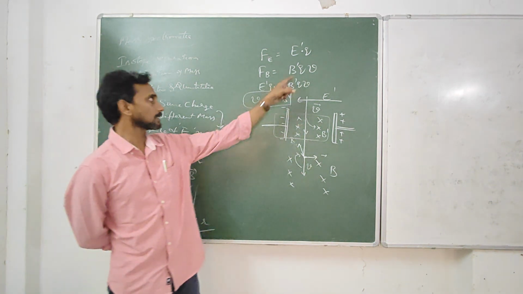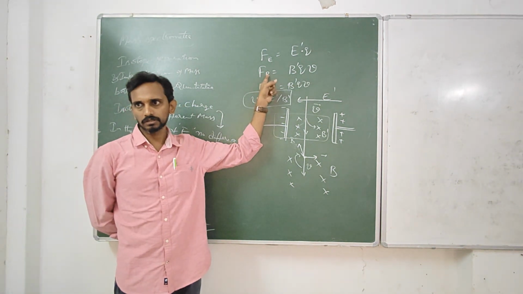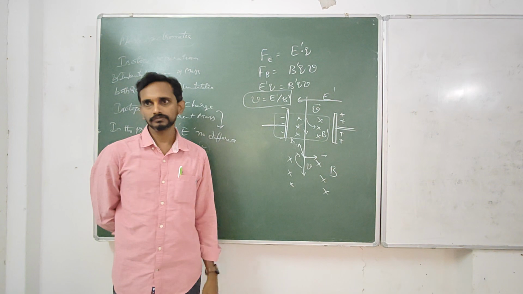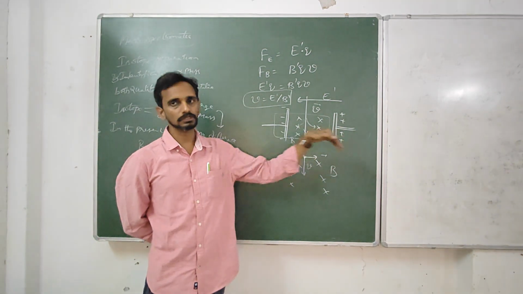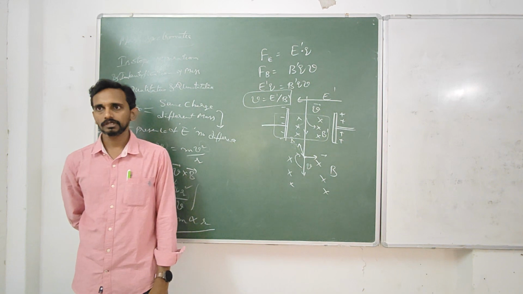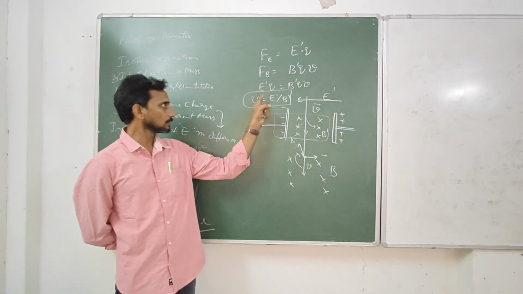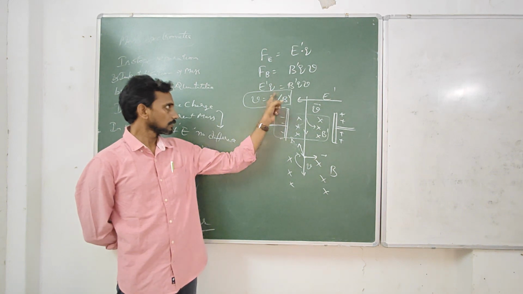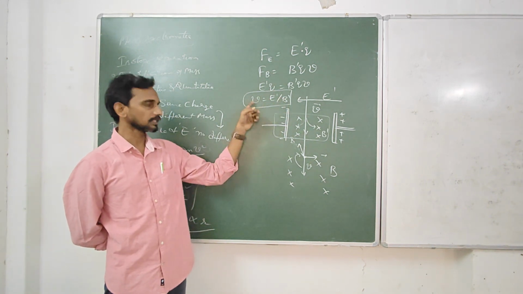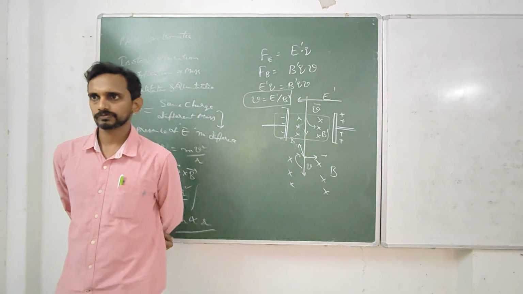If velocity is higher, the particle will experience more magnetic force, so it will move towards the right. So for that particular velocity value, if this ratio is matching with that velocity, only those particles will experience no force.